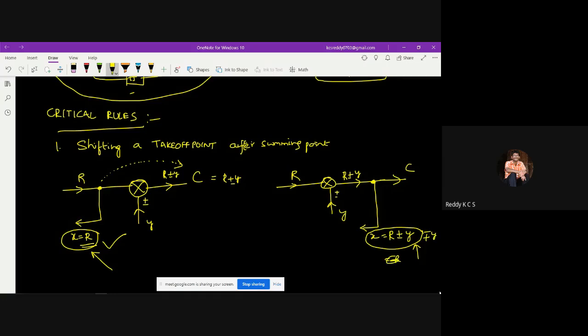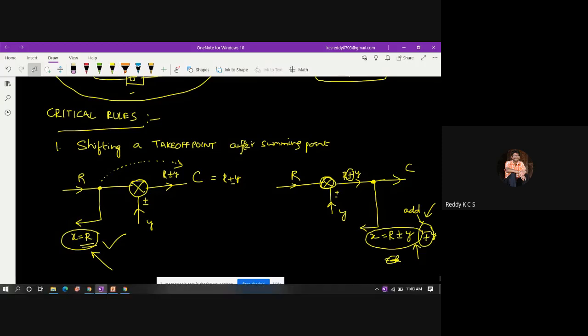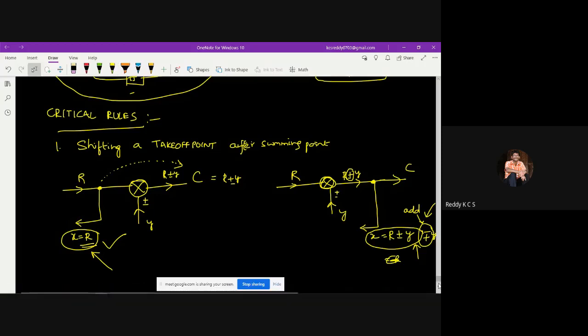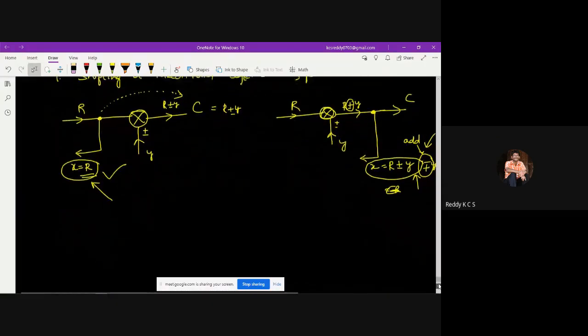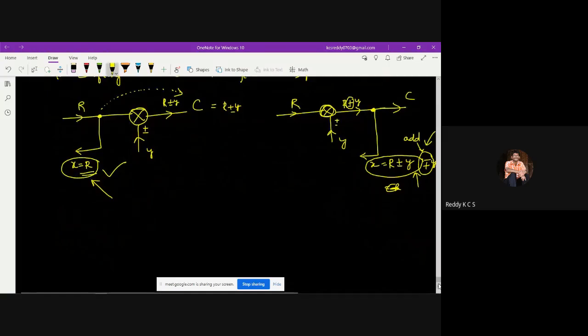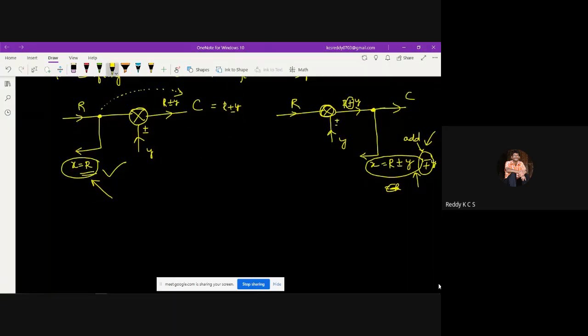So when I'm trying to add a signal, at this point the R value and Y value are added. This addition operation can happen only through a summing point. So this can be done by introducing one more summing point and inverting the signal.